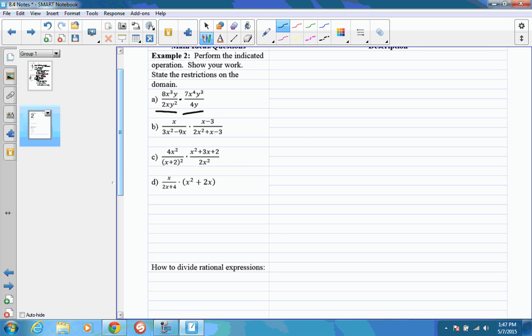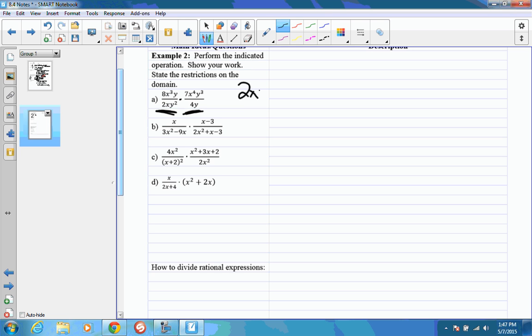State restrictions. So we need to look at our x's in the bottom. Here's what's really nice. Look at this guy. He's not going to give any restrictions for x. But this one is. What's my restriction on 2x, y squared? What can x not equal? Guys, if you're in doubt, set it equal to 0.